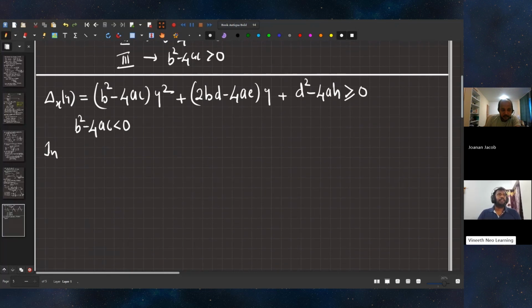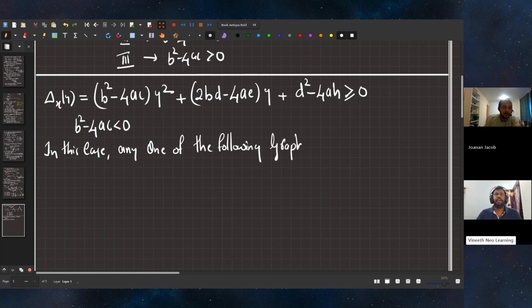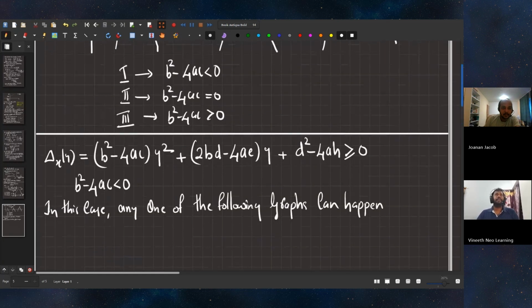In this case, any one of the following graphs can happen. That depends on the coefficient values, that depends on this condition.